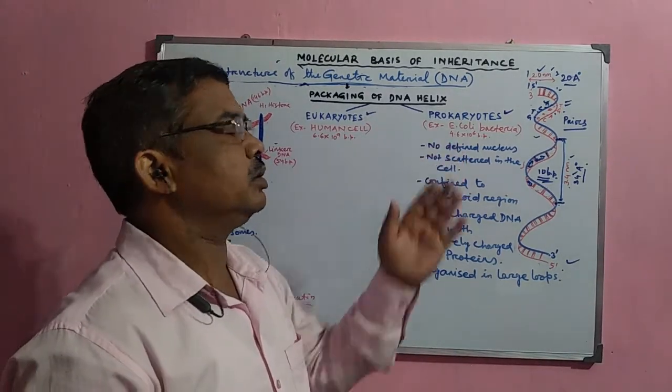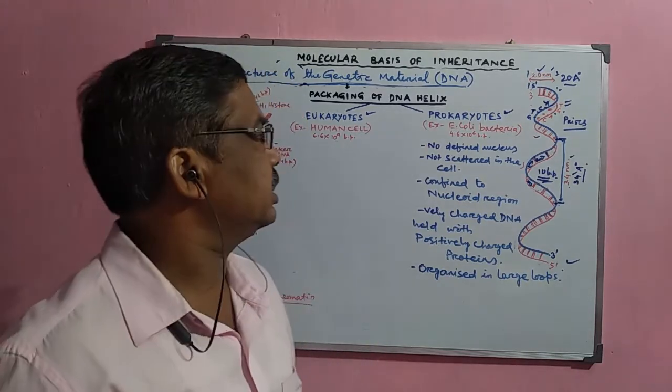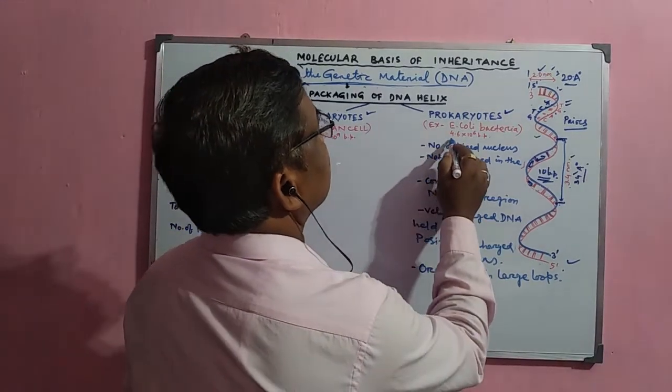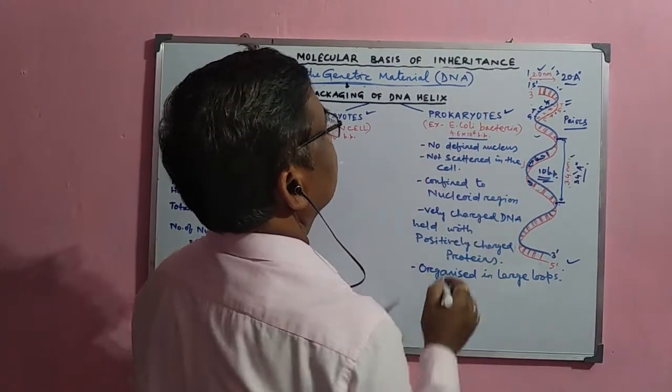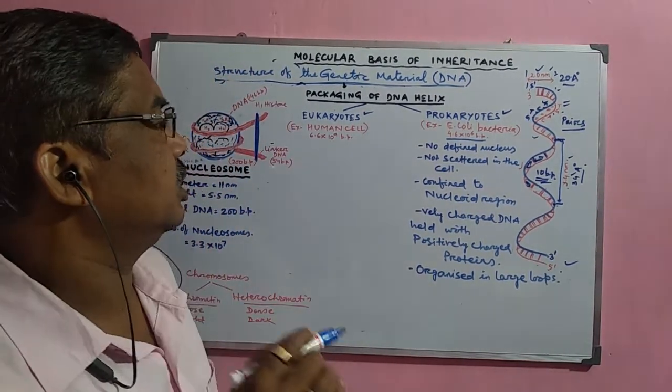In the case of prokaryote, we are taking the example of the E. coli bacteria, the simplest form of bacteria, which has around 4.6 into 10 to the power 6 base pairs.